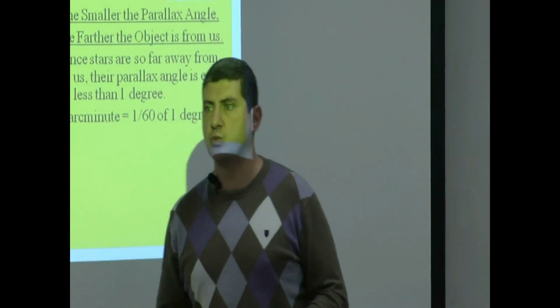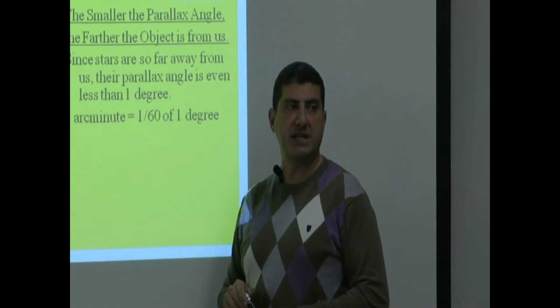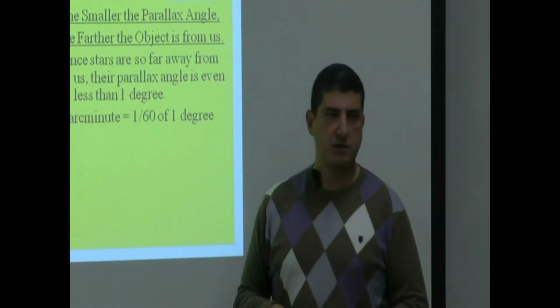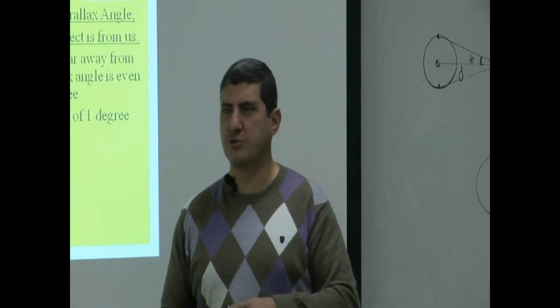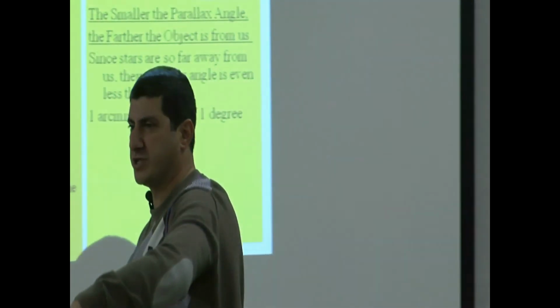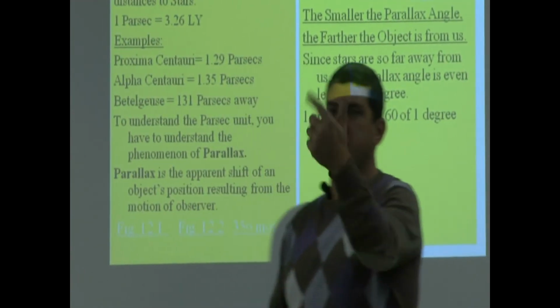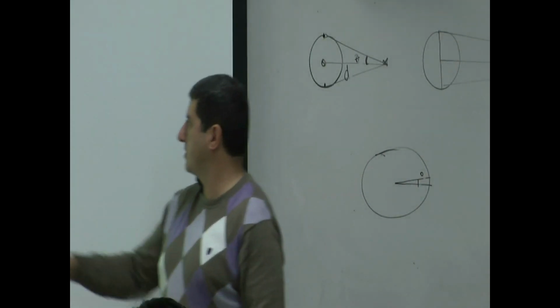So here's one thing we do. We take a degree and we break it up into 60 equal parts, and we call it an arc minute. Now notice how that's related to the regular unit of time, minute. We take an hour, we break it into 60 equal parts, we call them minutes. We take a minute, we divide it into 60 equal parts, we call it seconds. So this is an arc minute.